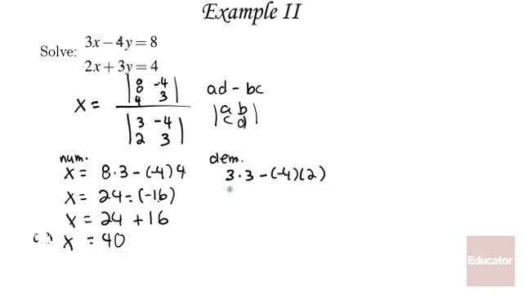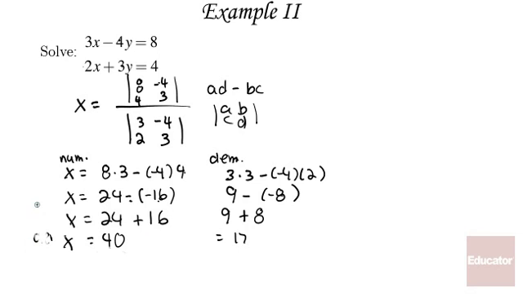So 3 times 3 is 9, and negative 4 times 2 is negative 8. Negative and negative is a positive. 9 plus 8 equals 17.